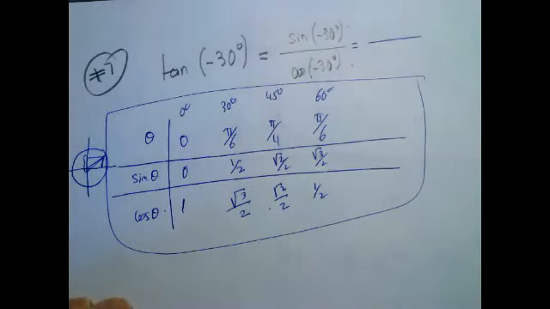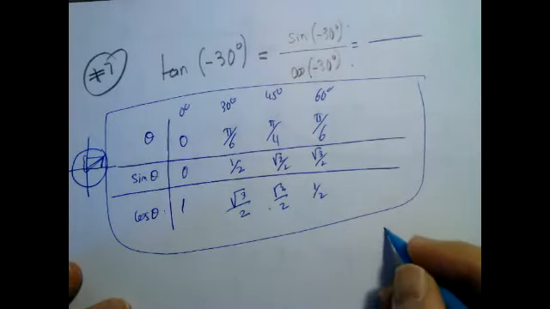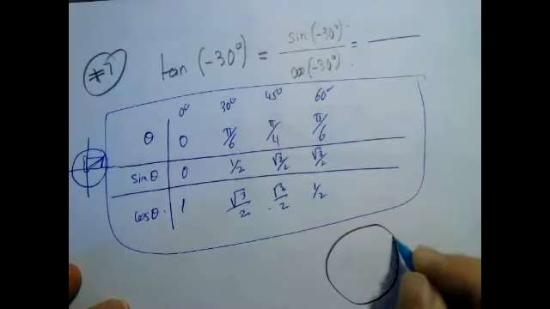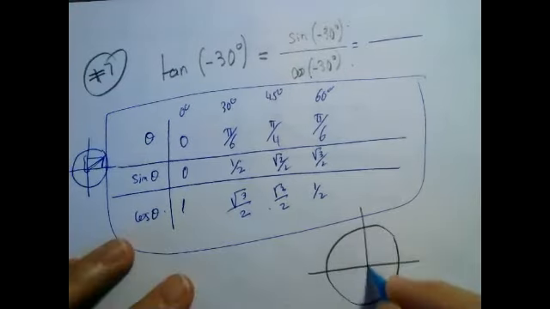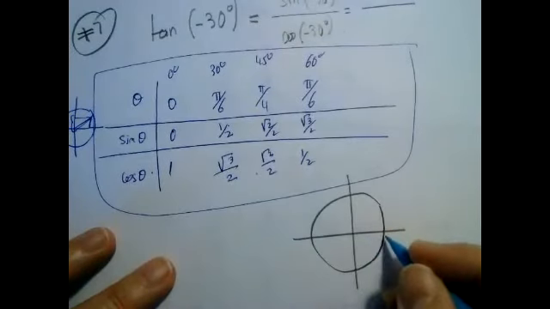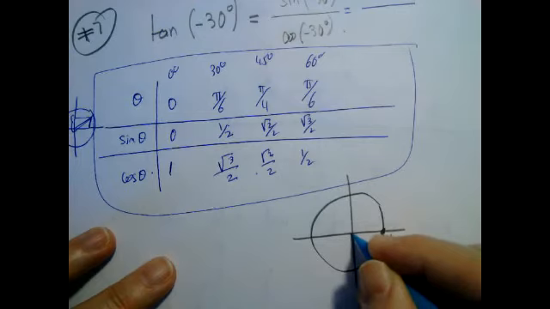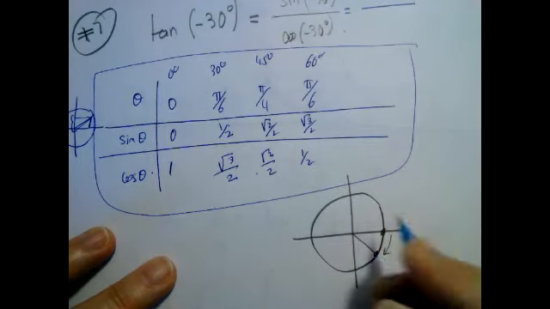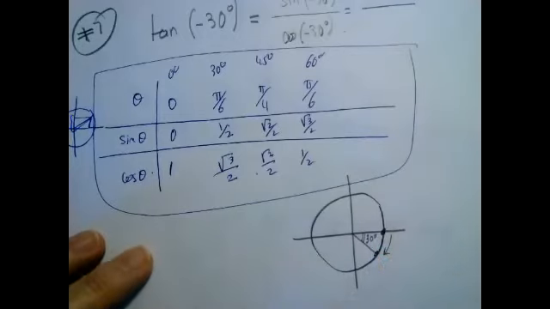What's the cosine of minus 30? If I go back to my unit circle, I need the cosine of minus 30. Minus 30 means you start from here and you go down by 30 degrees. Okay, that's what we got.